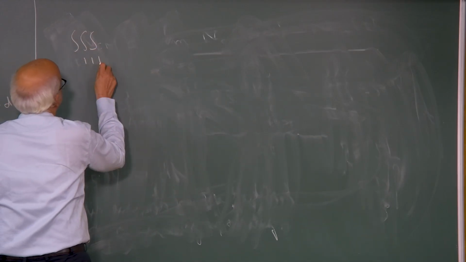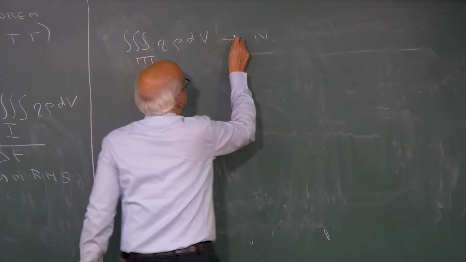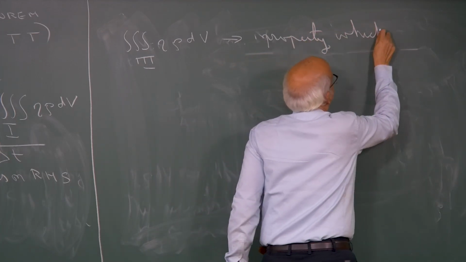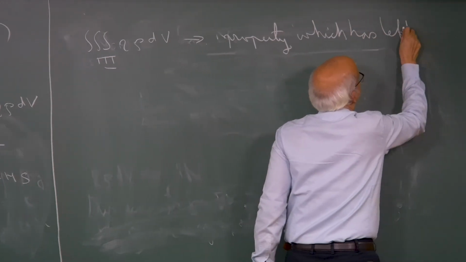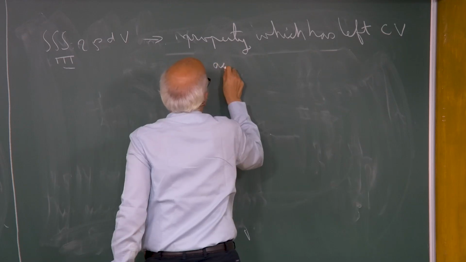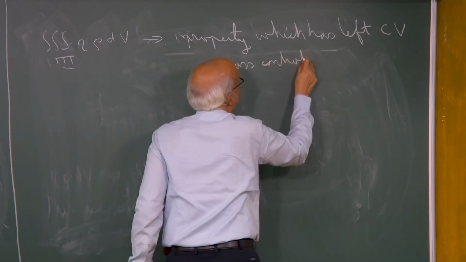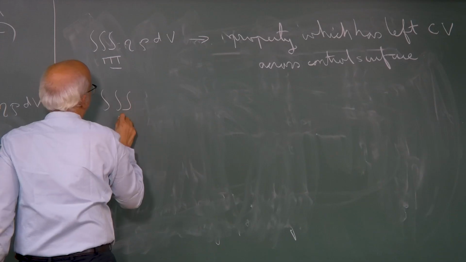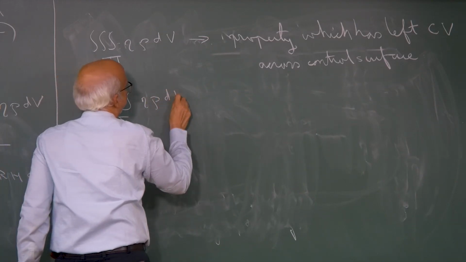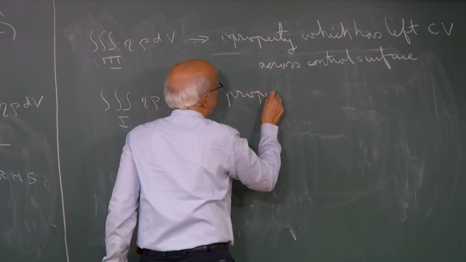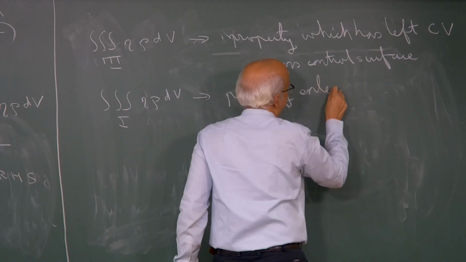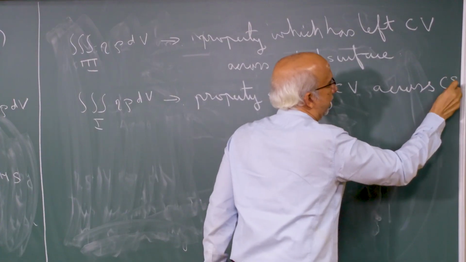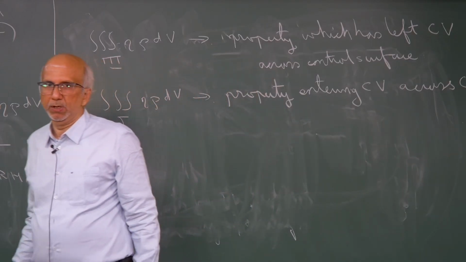triple integral over 3 of eta rho dV is the property which has left the control volume across the control surface, and triple integral over 1 of eta rho dV is the property entering the control volume across the control surface.